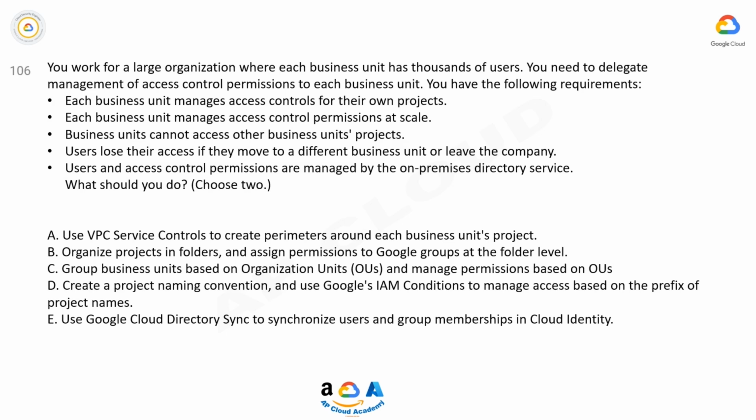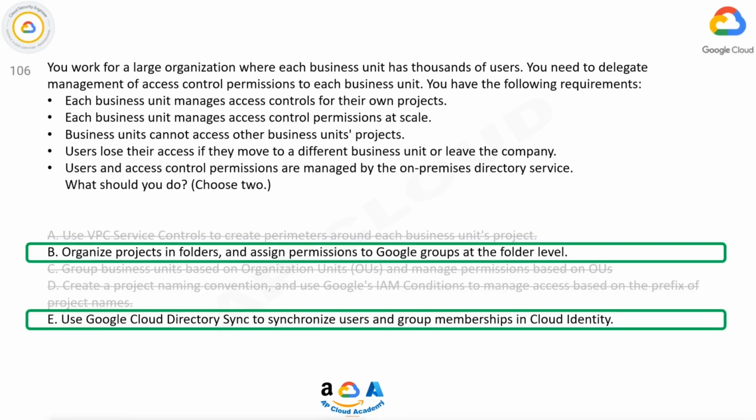E. Use Google Cloud Directory Sync to synchronize users and group memberships in Cloud Identity. Correct answer is B and E. B. Organize projects in folders and assign permissions to Google Groups at the folder level. E. Use Google Cloud Directory Sync to synchronize users and group memberships in Cloud Identity.